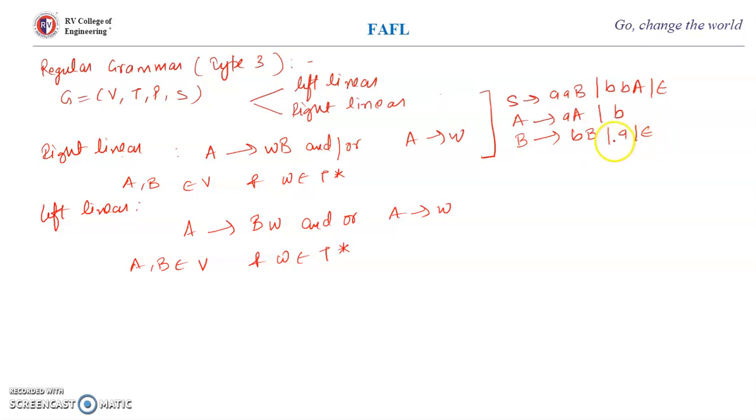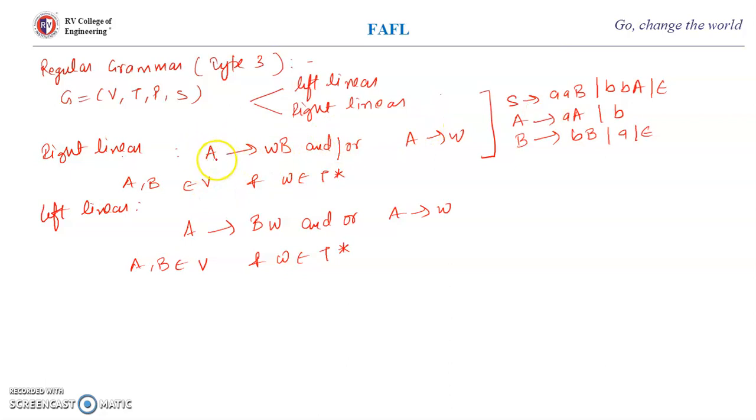Note that here epsilon and a string of terminals can appear on the RHS of any production. And if a non-terminal is present on the right hand side of the production, it has to be one non-terminal, and it has to be the rightmost symbol on the RHS. So you can see in all the productions, on the left hand side we have a single non-terminal, because this is the form of right linear grammar.